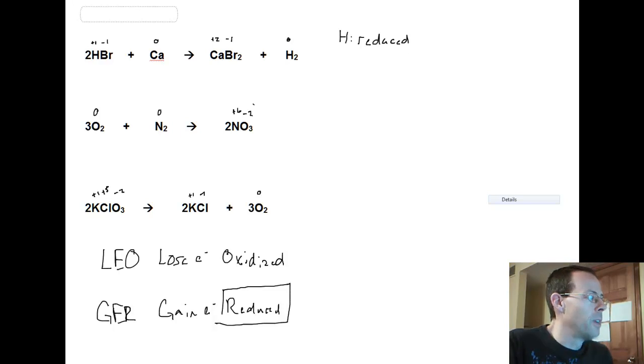So let's look. Bromine's a -1, bromine's a -1. That means that bromine isn't really happening in this equation. It's not gaining electrons, it's not losing electrons, it's kind of just watching what's going on. And then calcium's going from a 0 to a +2. Is that getting smaller? No. So calcium must be being oxidized.